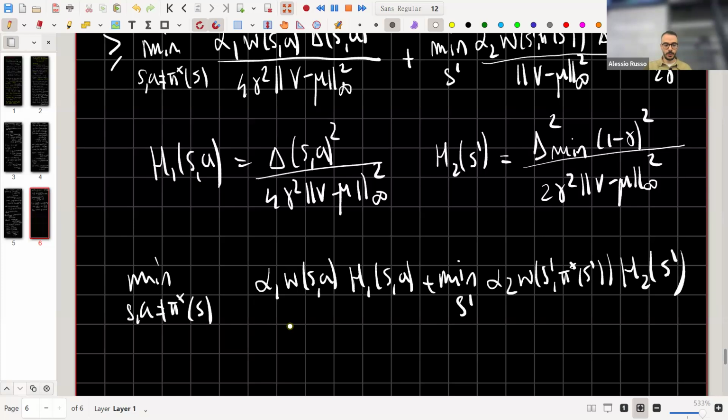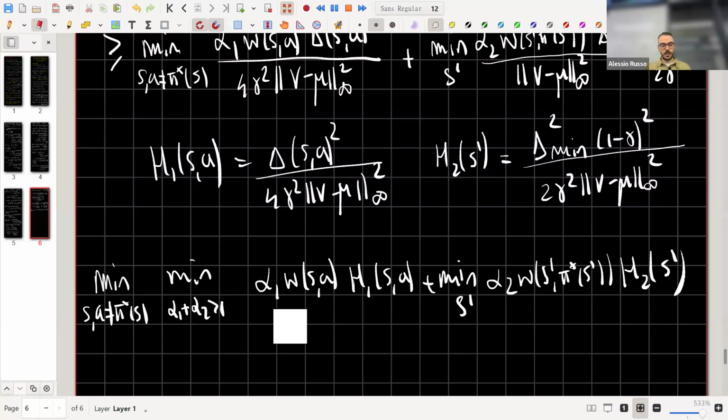And I also forgot another condition here. We have alpha 1 and alpha 2. We are taking a minimum also over those quantities because we are trying to optimize, right?